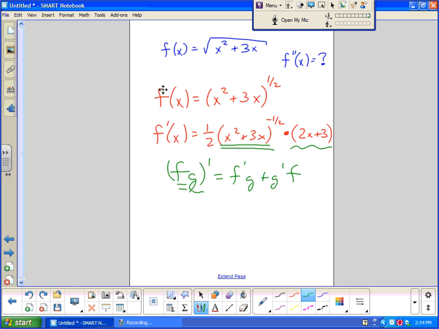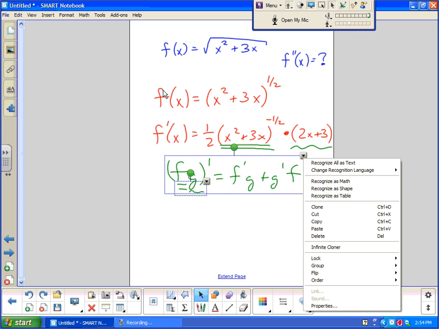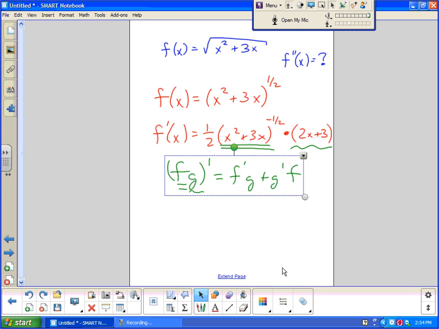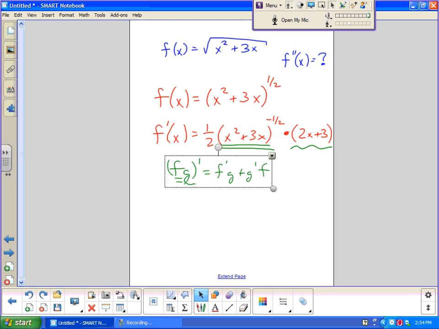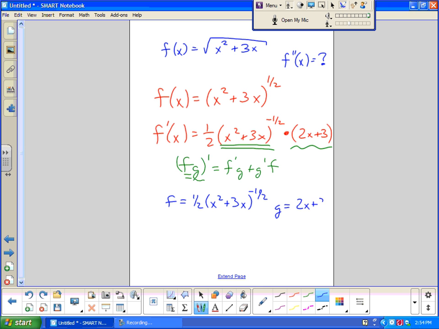All right, so I'll box this, knowing this is what I want. And if you're struggling with this, sometimes it's easier to say, oh, I know f is, and maybe I'll keep the half with the f, right? So I don't lose it. I know f is this, right? And I know g is that.